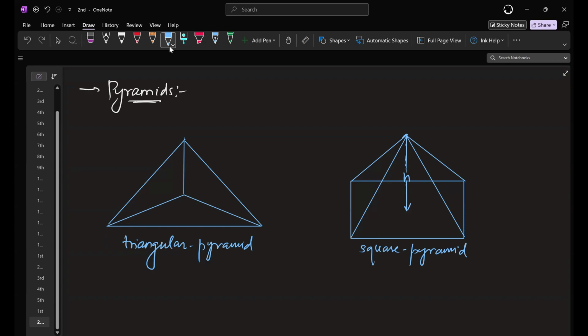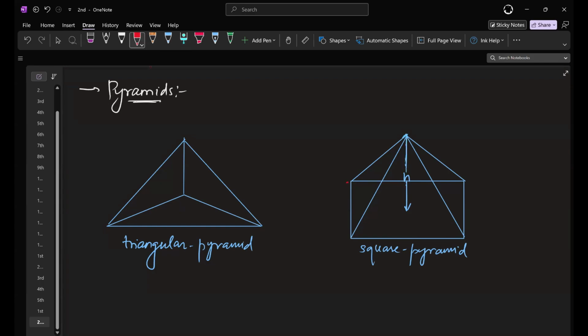A pyramid is basically a shape in which the base is joined by lines which are meeting almost above the center of the base. This vertex of the pyramid is above the center of the base. Now the volume for this one.